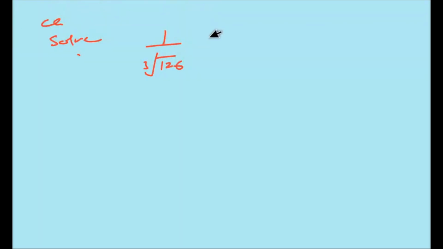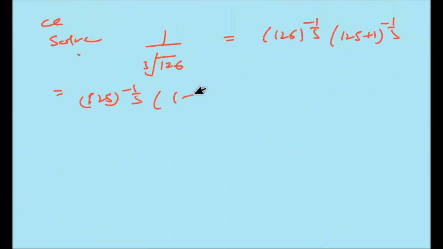So using this theorem, we can write 126 to the power minus 1 by 3 as 125 plus 1 to the power minus 1 by 3. Okay, now taking 125 common, 125 to the power minus 1 by 3, 1 plus 1 upon 125 to the power minus 1 by 3. This can be written as 5 cube to the power minus 1 by 3.